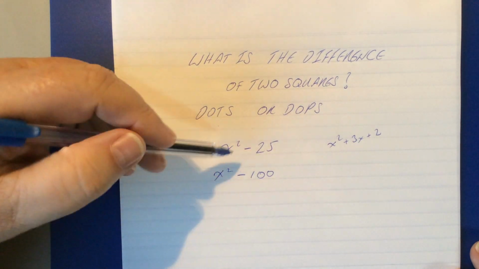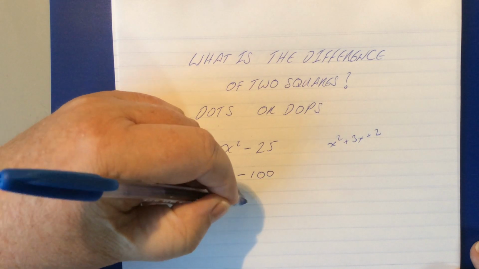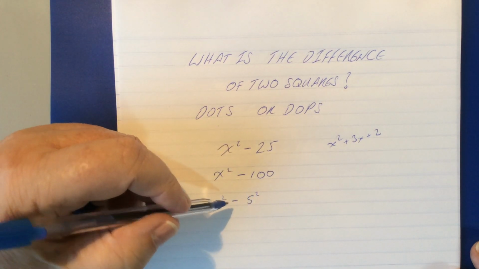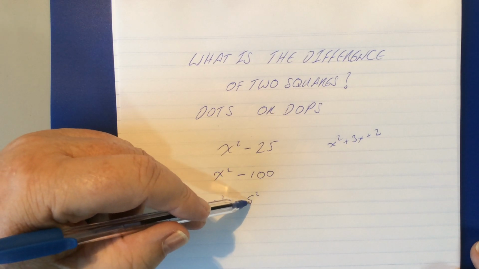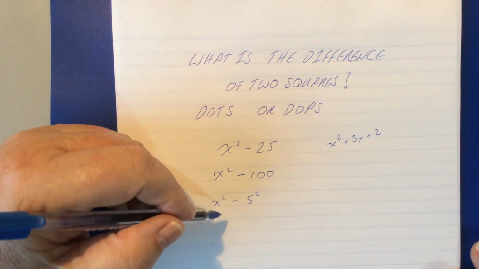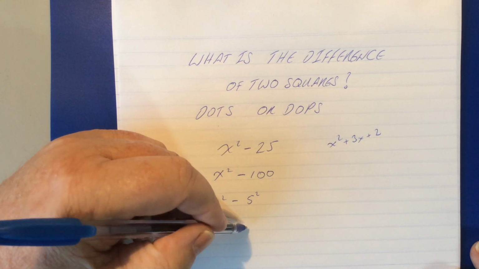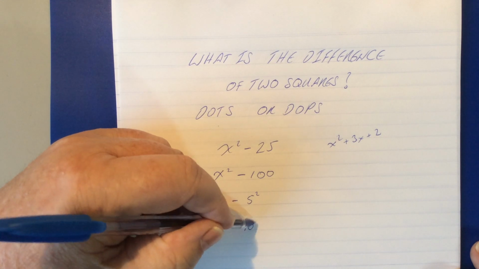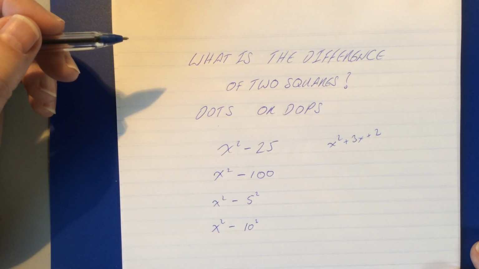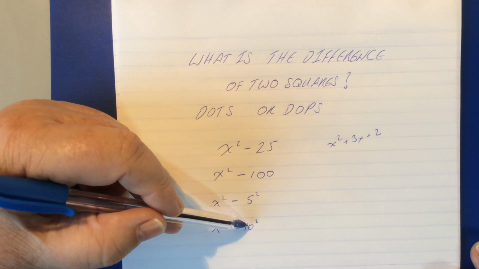We can write these as x squared minus 5 squared. It's not negative 5 squared, it's just minus 5 squared. Or x squared minus 10 squared. That's 25, that's 100.